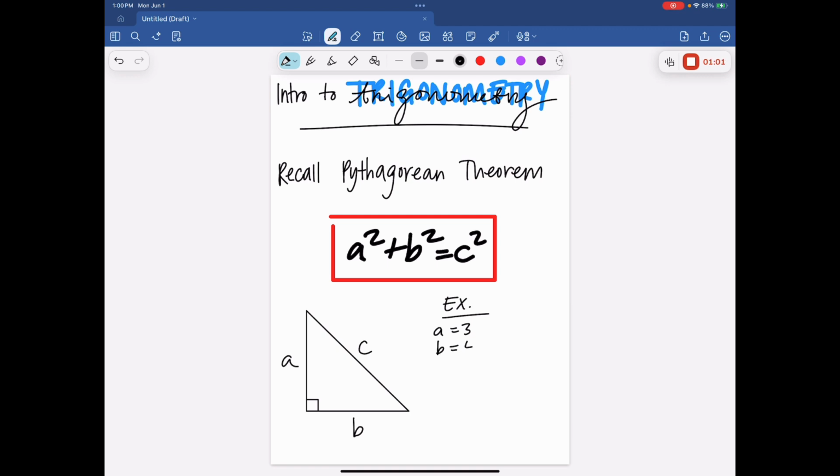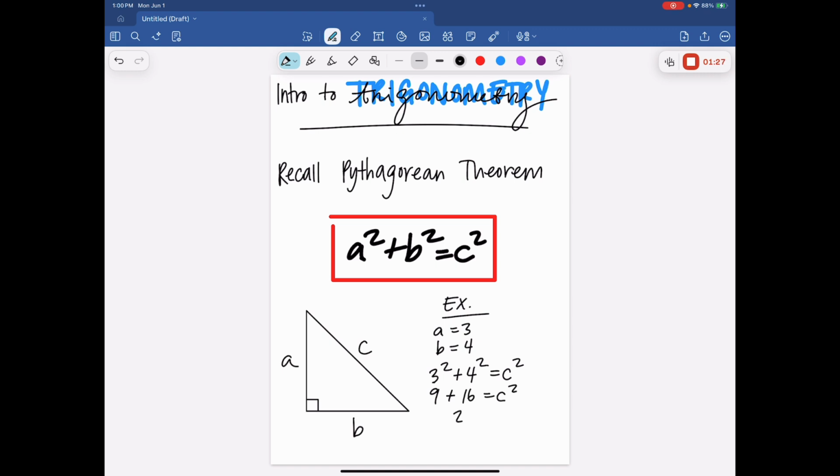If I take A to be 3 and B to be 4, but we already know that my legs are interchangeable, so A in this case could be 4, B could be 3. We're going to use this to find our hypotenuse C. Plugging directly into the formula, this says that 3 squared plus 4 squared is equal to C squared. 3 times 3 gives us 9, plus 16 is equal to C squared.